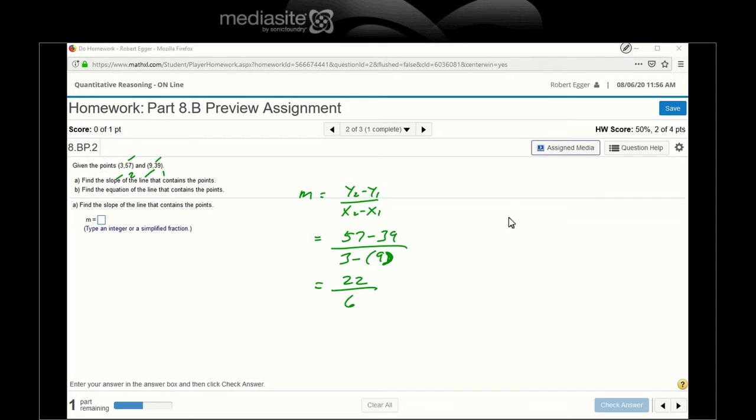Hang on a second. 57 minus 39, 17 minus 9 is 8. Oh, that's 18, over 6, because 18 over 6 is 3.